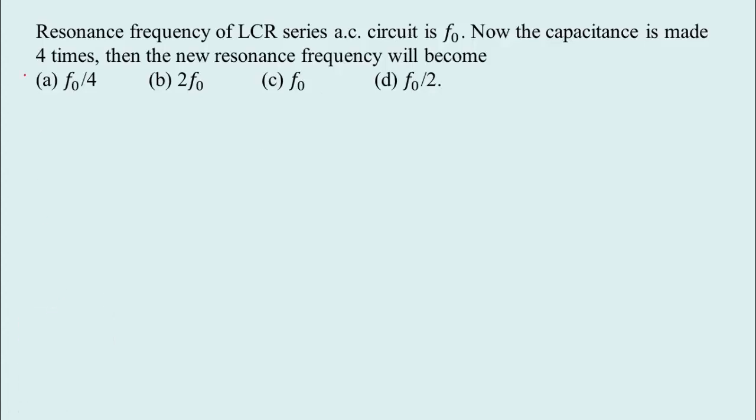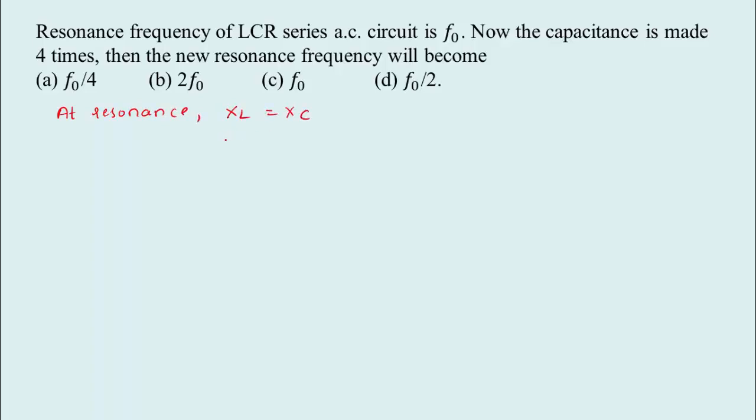See here, in a series LCR circuit, resonant frequency is denoted by F0. So we know that at resonance, XL equals XC.